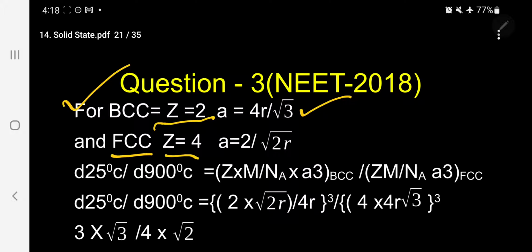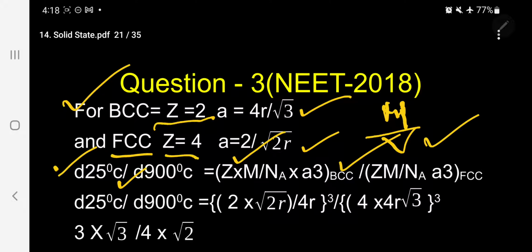Kindly follow. So what we are now going to determine is the ratio d at 25 degrees divided by d at 900 degrees. I am writing everything: density is mass by volume. Please follow. What is the general equation? Mass by volume. So we have seen already Z into M divided by N A into a cube for body centered at 25 degrees, and the same Z M by N A a cube for the face centered cubic lattice.